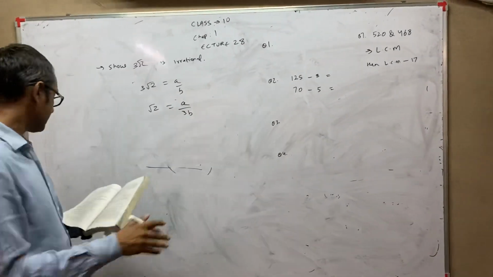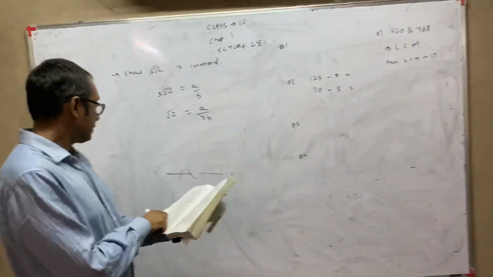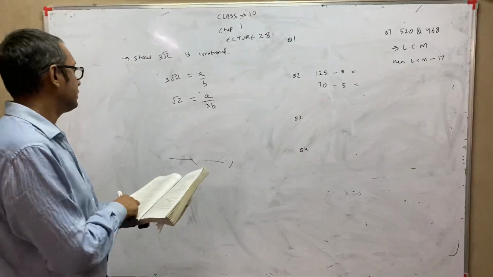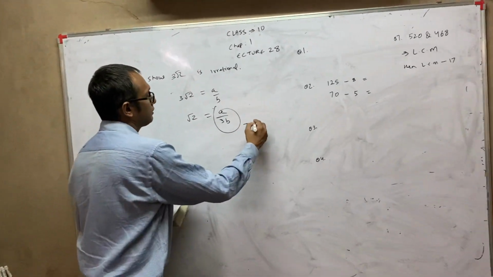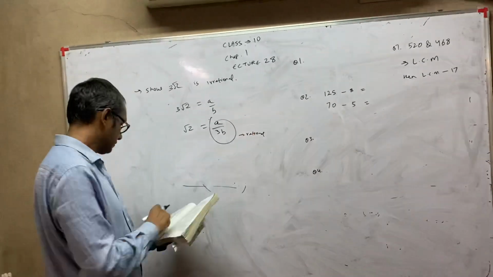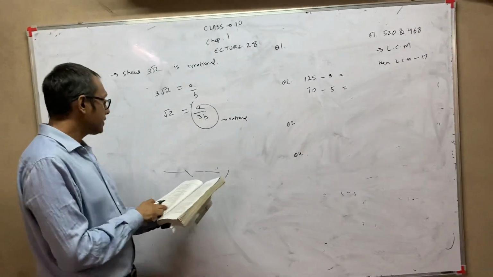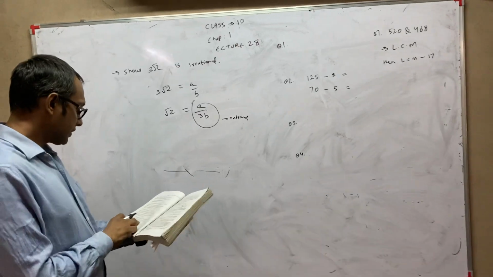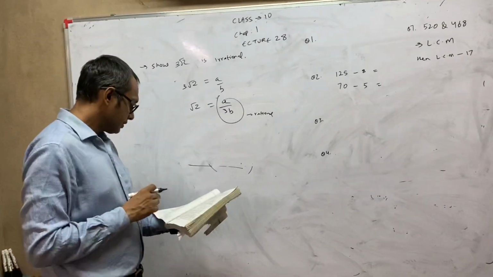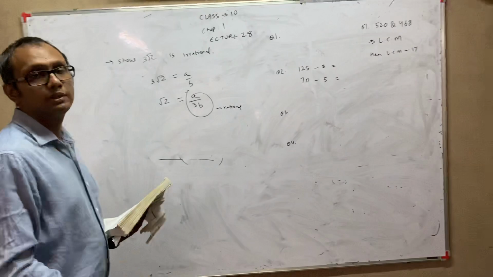Now the same thing, again the same pattern. Since 3, a and b are integers, so a upon 3b is rational. So root 2 is rational. But this contradicts the fact that root 2 is irrational. So we conclude that 3 root 2 is irrational.